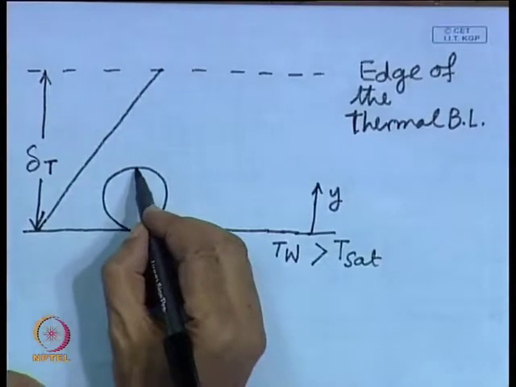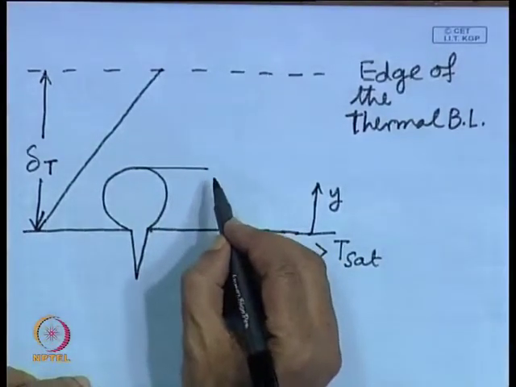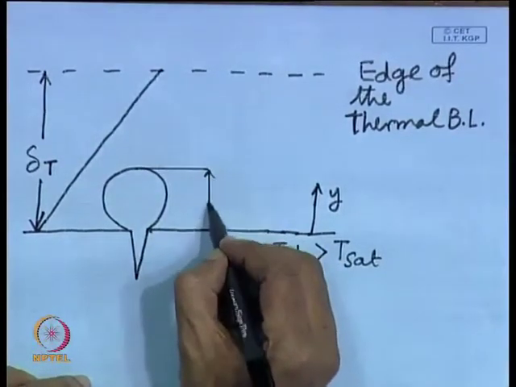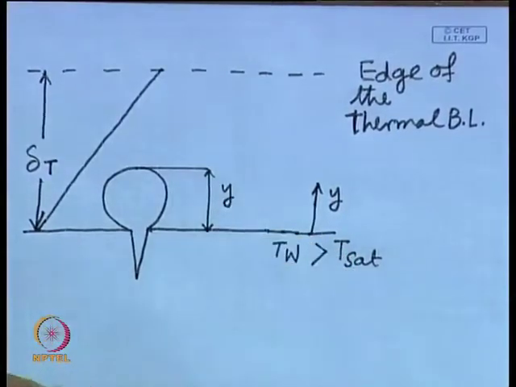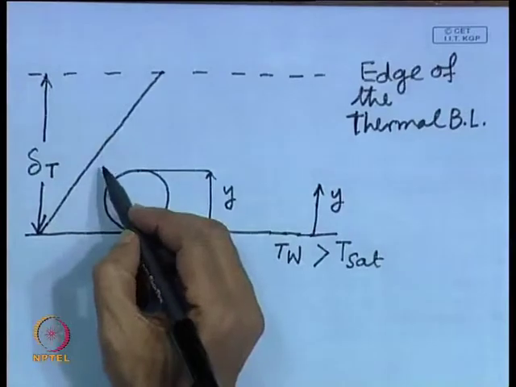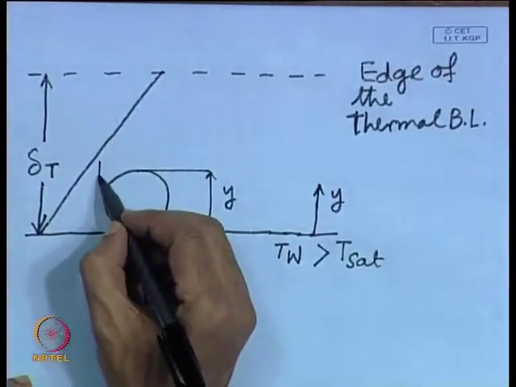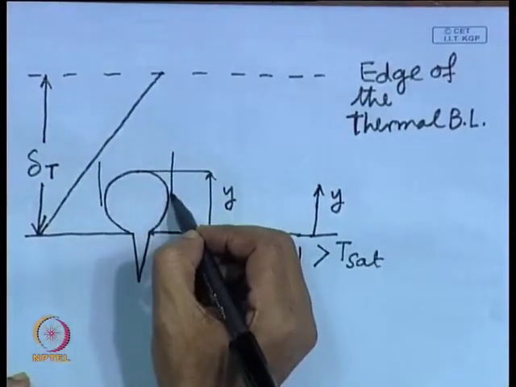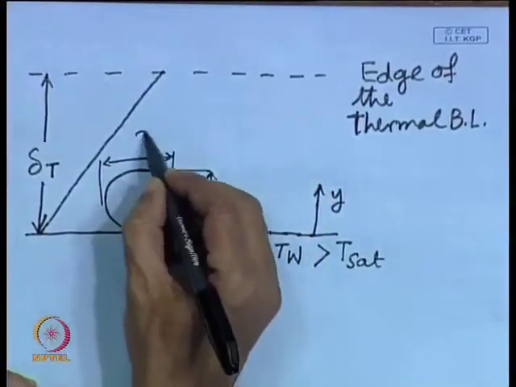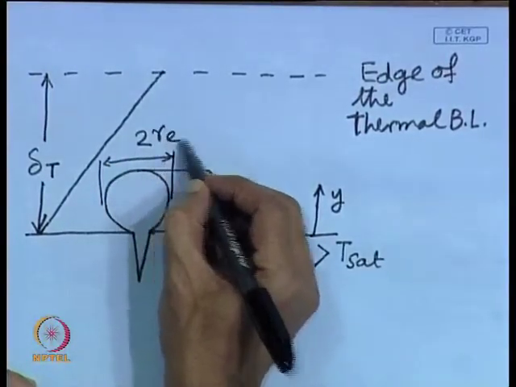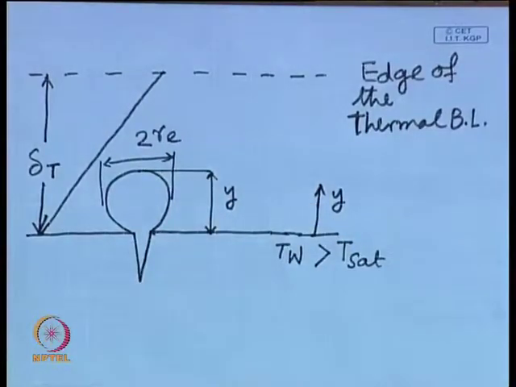Now, if I see different dimensions of the bubble, we have got y here from the top of the bubble, and then we have got 2 r e, r sub e.